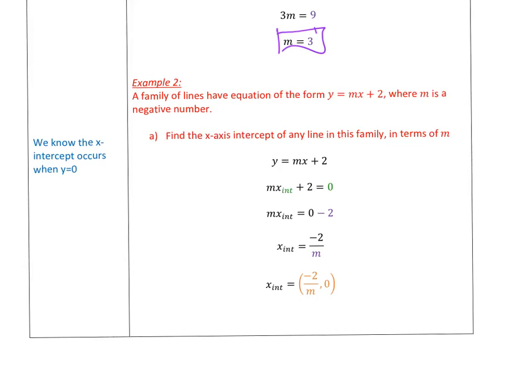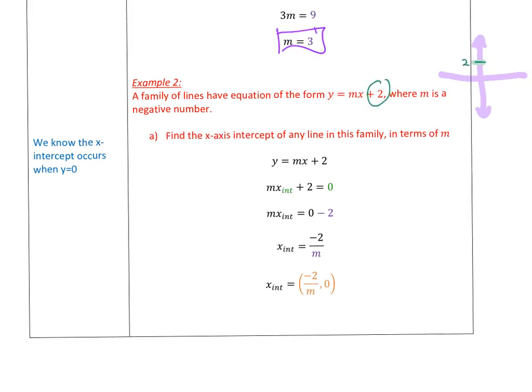A family of lines have the equation of the form y equals mx plus 2, where m is a negative number. What they mean when they say there's a family of lines is, if you have your set of axes, they all go through 2, that's the y-intercept.